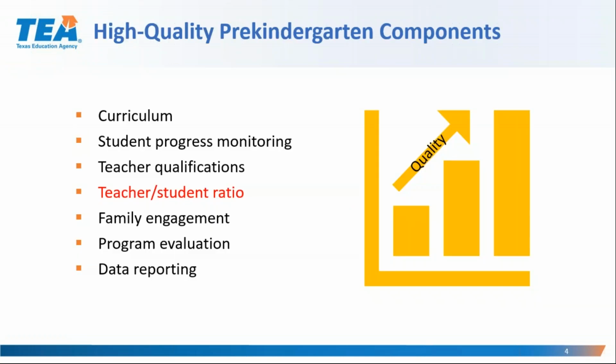So what high-quality components are referenced in HB3? This slide gives you a list of them. And remember, all of these components are attached to increasing the quality of the pre-kindergarten programs within the state of Texas. And this particular webinar is focused on teacher-student ratios.